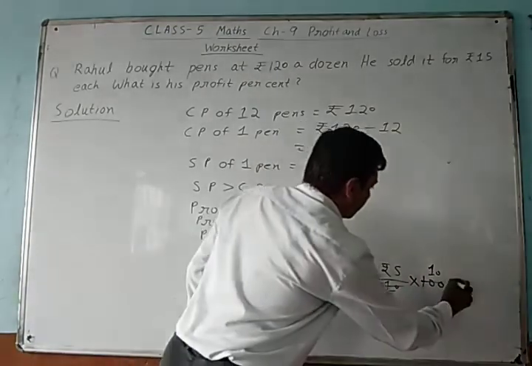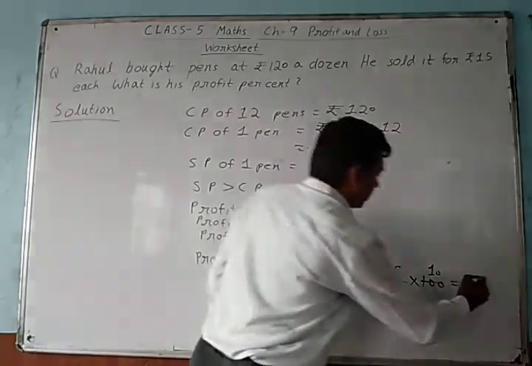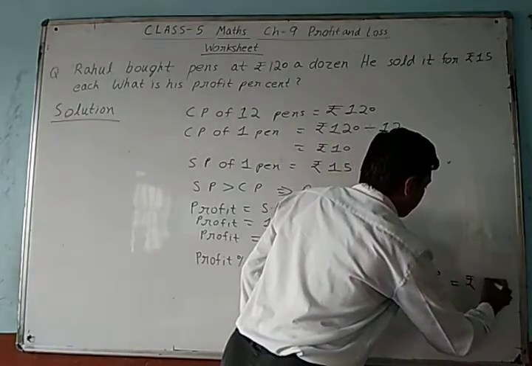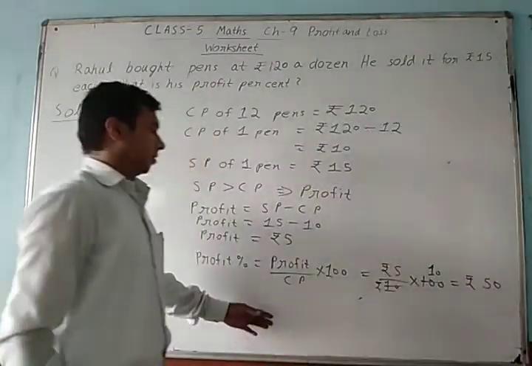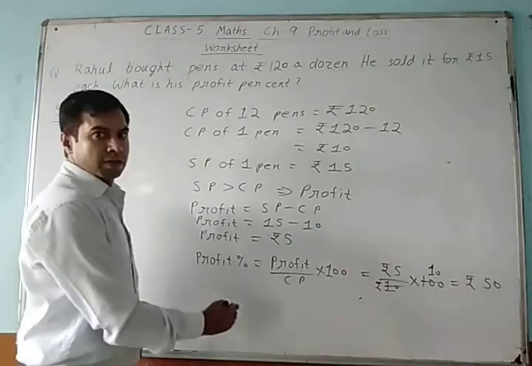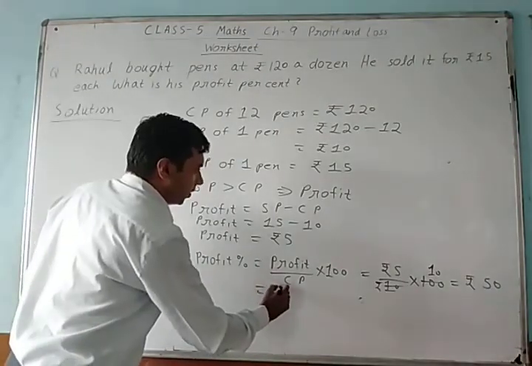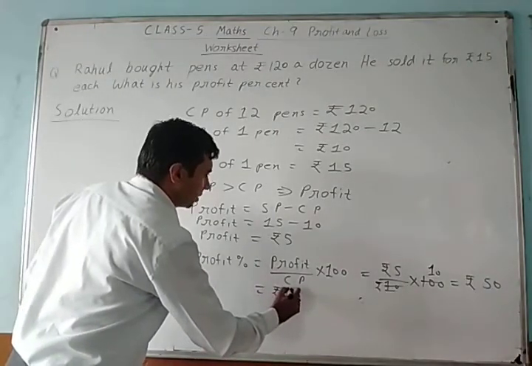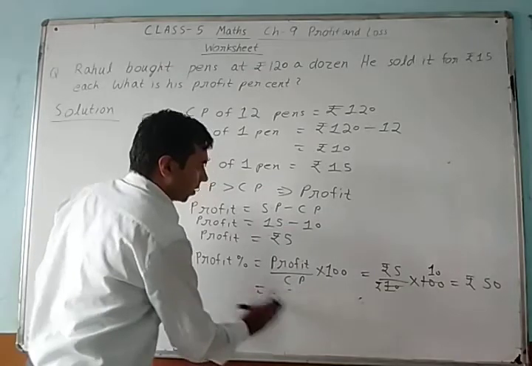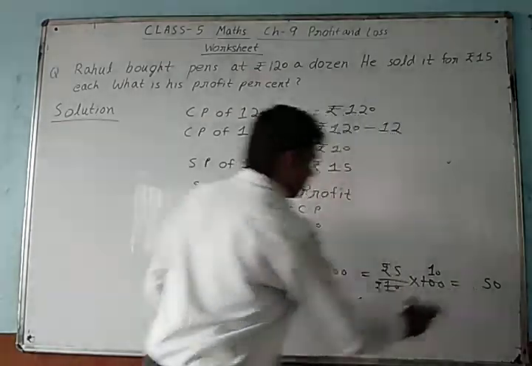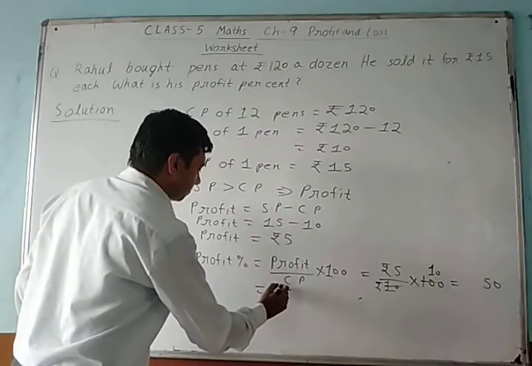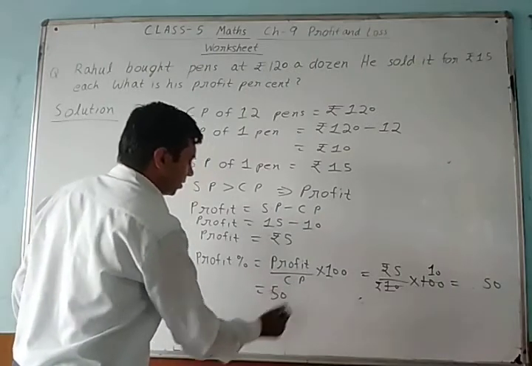Now 5 into 10, 50. So profit percent is 50. This is our answer.